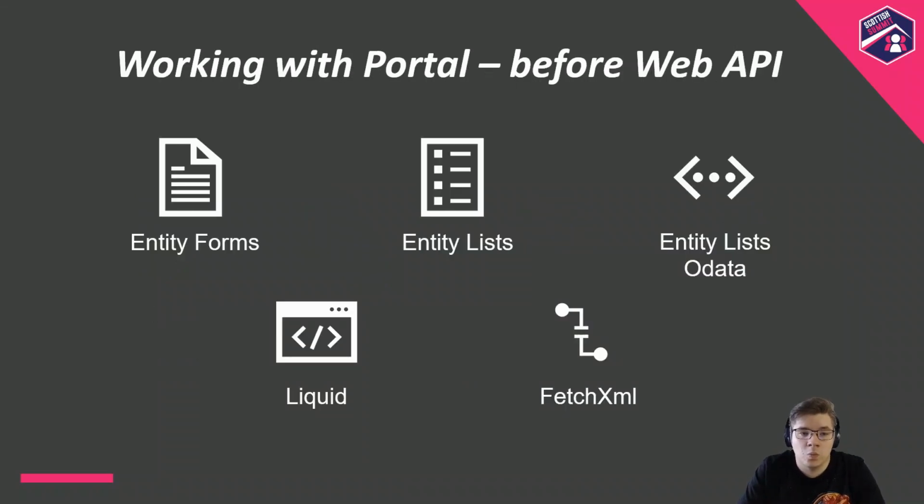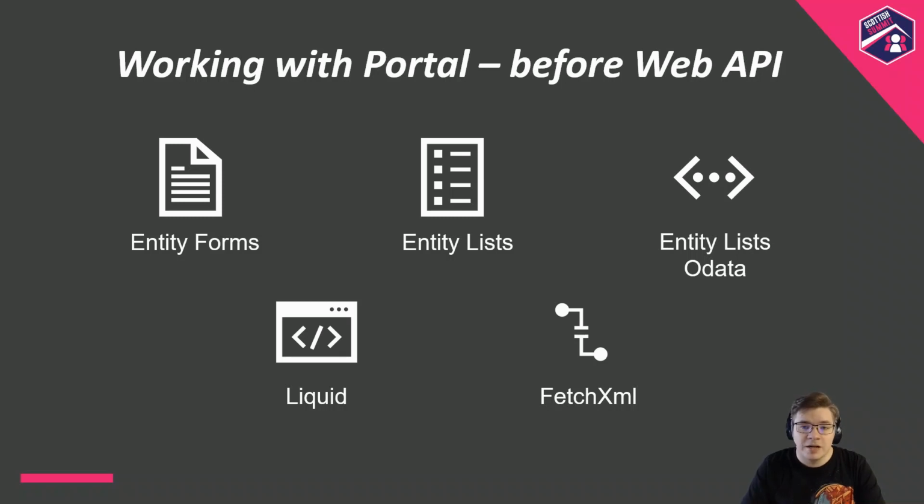Now, let's see what the classical ways to work with a portal before Web API are. Let's start with entity forms. Entity forms are one of the core configurations of the portal. You can use them as an extension of your regular Dataverse forms, meaning that you create a Dataverse form and then configure an entity form to render either the whole form or just a part of it on the portal.